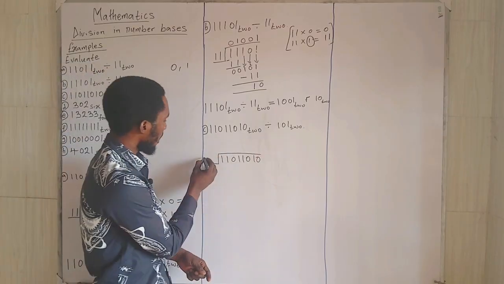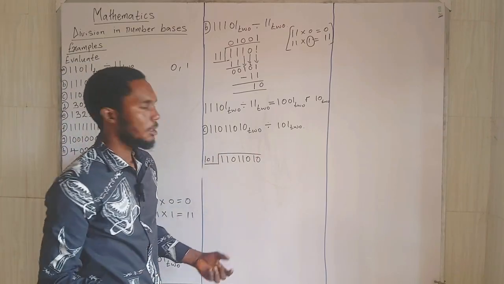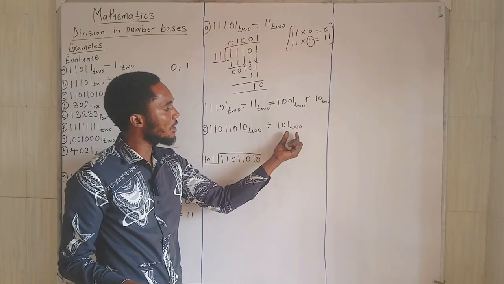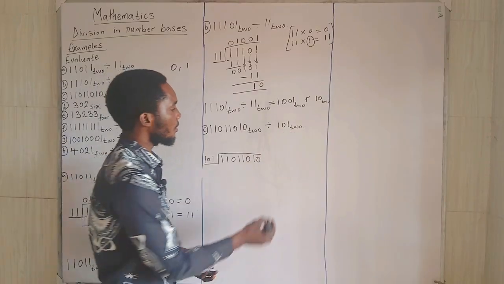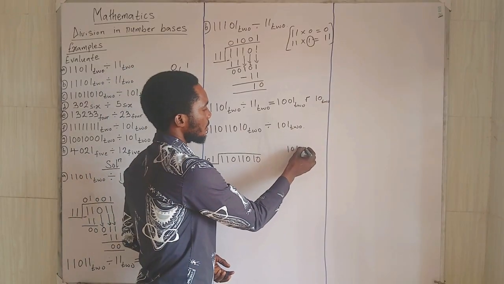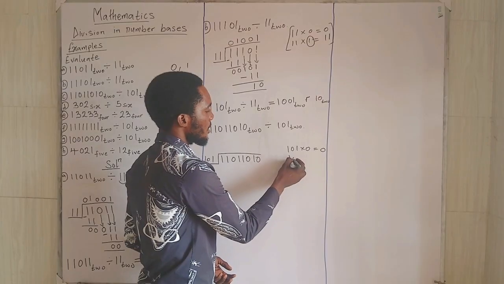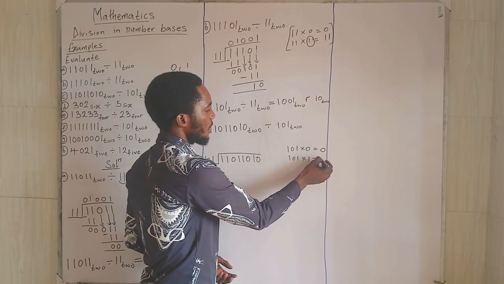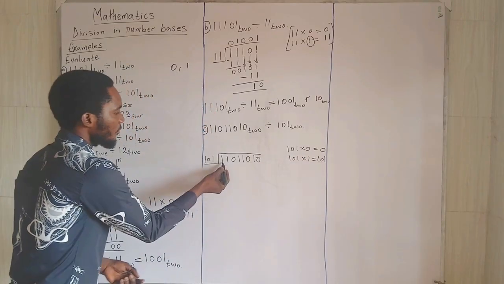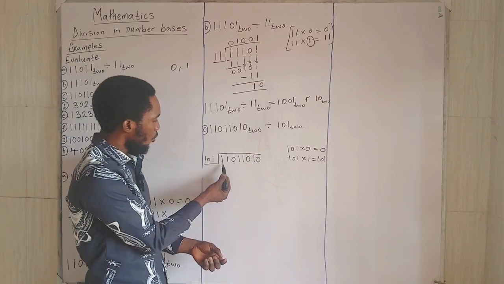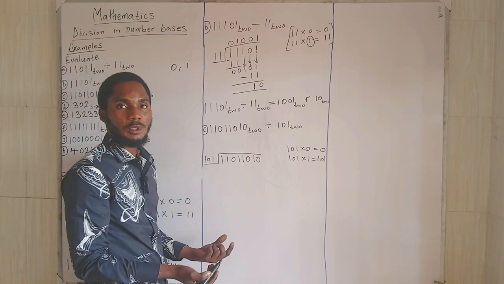The divisor is 101. Again, the digits used in base 2 are 0 and 1. 101 times 0, and 101 times 1, 101. We start from the first digit. 1 divided by 101 is not possible.